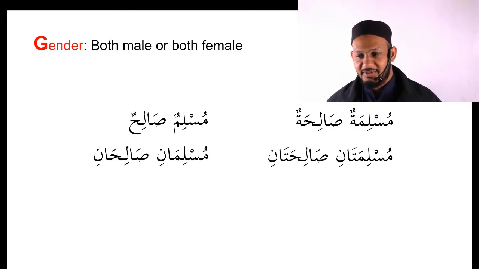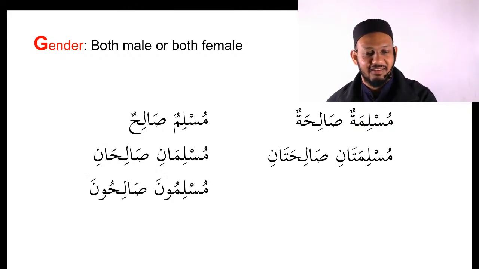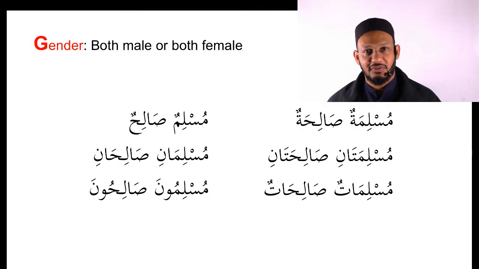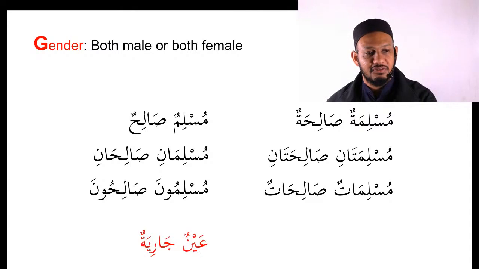Now, Muslimatani salihatani, Muslimani salihani. Muslimatani is feminine, therefore I use salihatani. Muslimani is masculine, therefore I use salihani. And the same thing, Muslimatun is a feminine plural, and therefore I use salihatun. And Muslimuna is masculine, and therefore I use salihuna. So they must always match in gender.